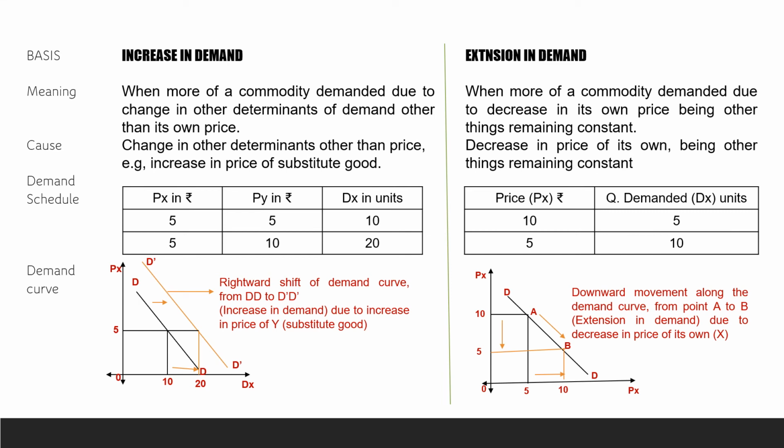Change in demand causes a shift of the demand curve, whereas change in quantity demanded results in movement along the demand curve. So it will be easy for us to differentiate between these terms if we know the definition and the reason of such changes.